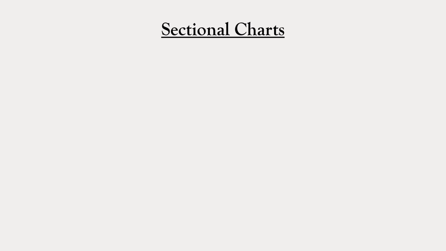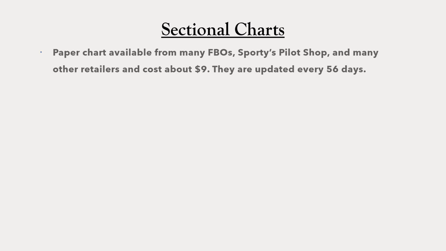So sectional charts are where we get most of the information that we need when we venture away from our home airport. They're available in paper form from a lot of FBOs, and also you can get them from Sporty's Pilot Shops and other online retailers. It costs about $9.